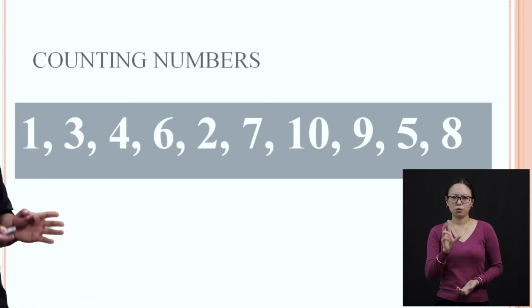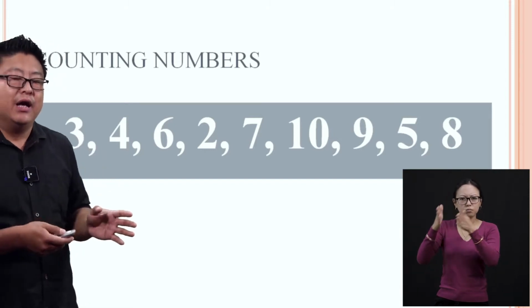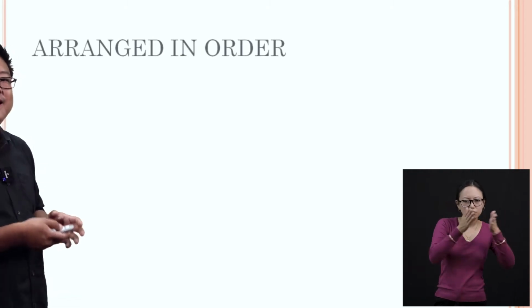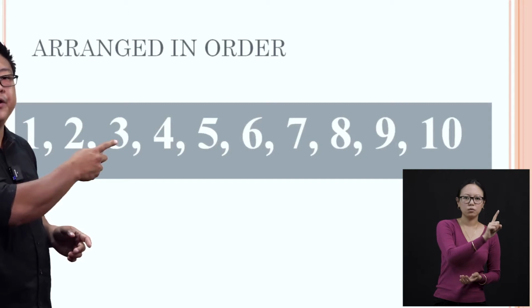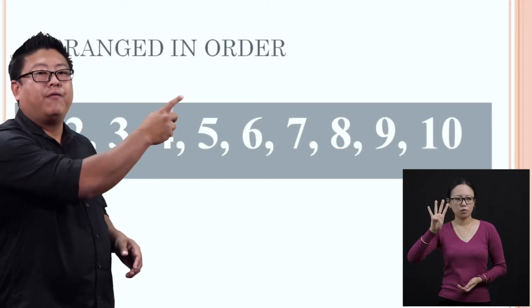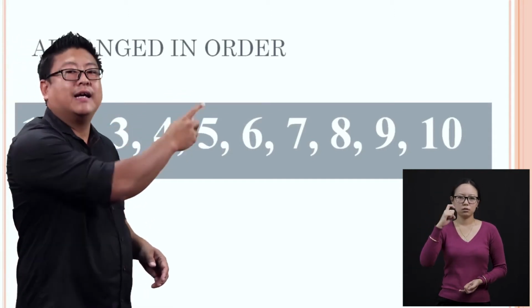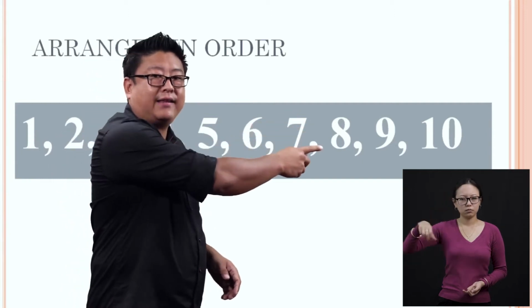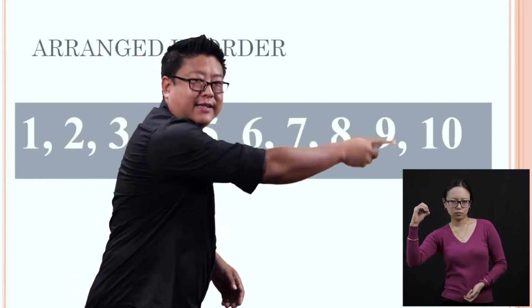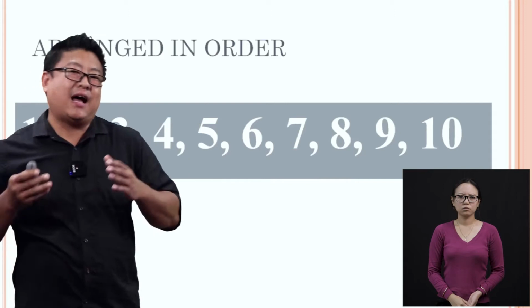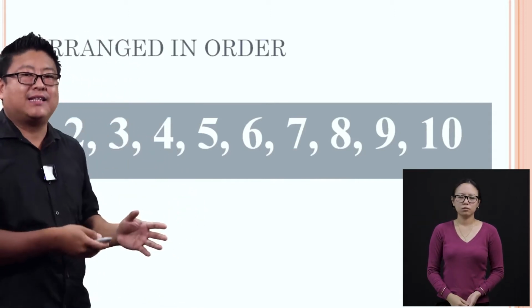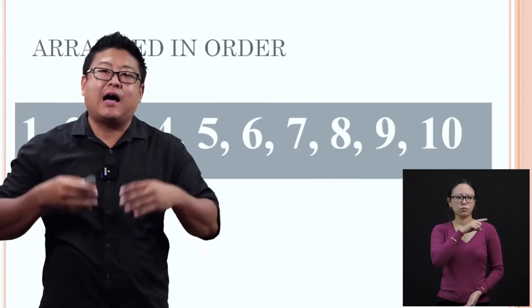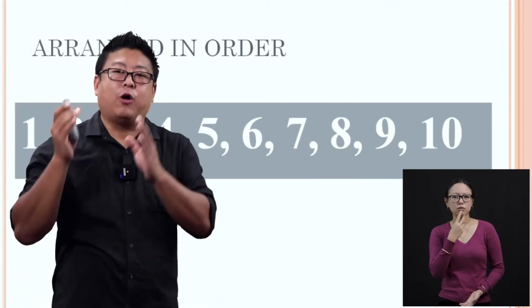There is a proper order to count these numbers. So after we arrange it, it'll come in this manner: 1, 2, 3, 4, 5, 6, 7, 8, 9, and 10. All right? So this is how we count numbers. So with the help of these numbers, we will understand how to count different objects.